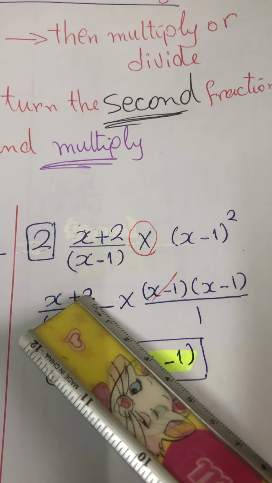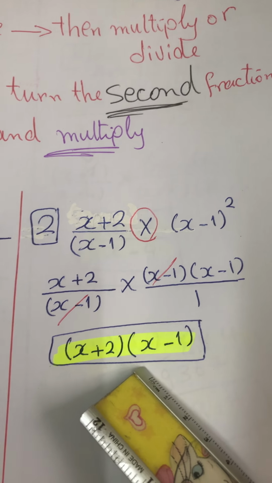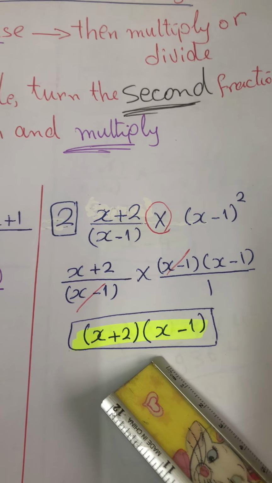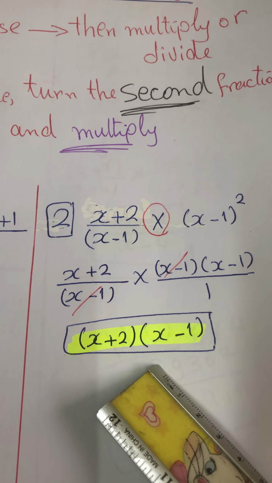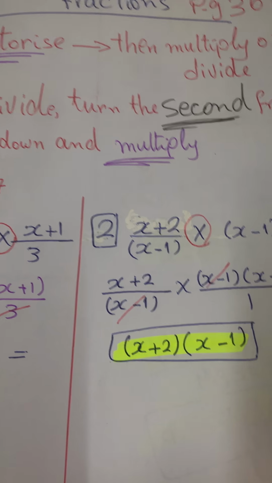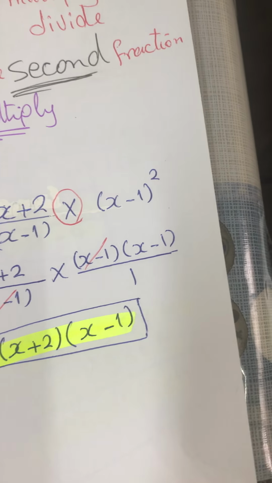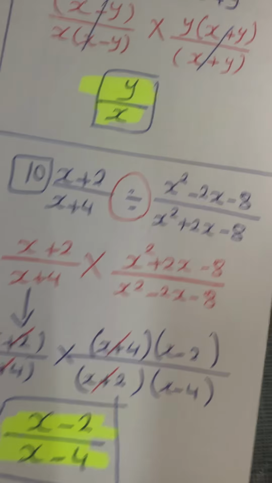Now we have (x plus 2) multiply (x minus 1) over 1. So the answer is (x plus 2) multiply (x minus 1). Teacher, I keep it like this. Keep it like this, keep it as factors. No need to expand it or solve the brackets. Okay?